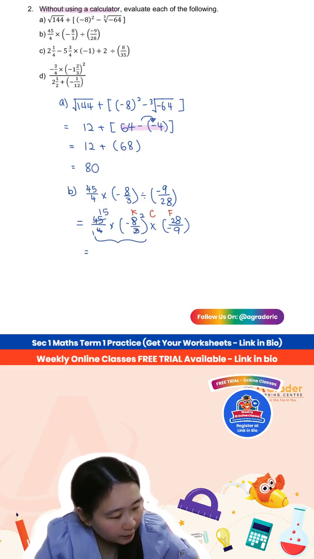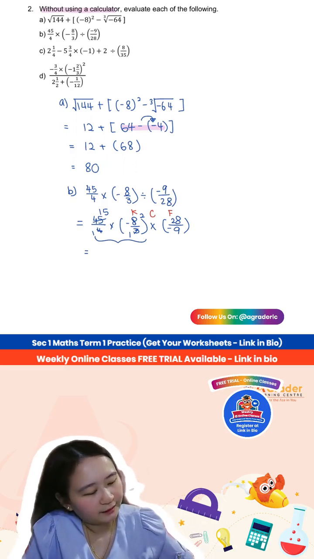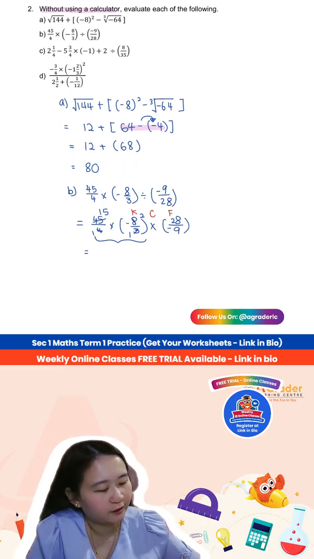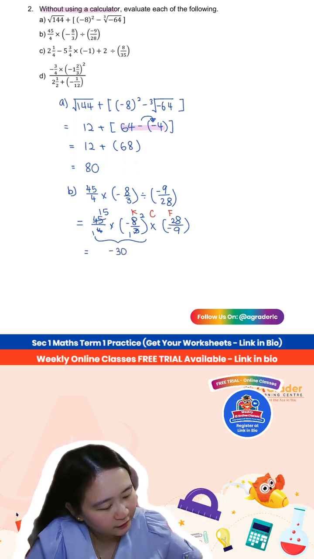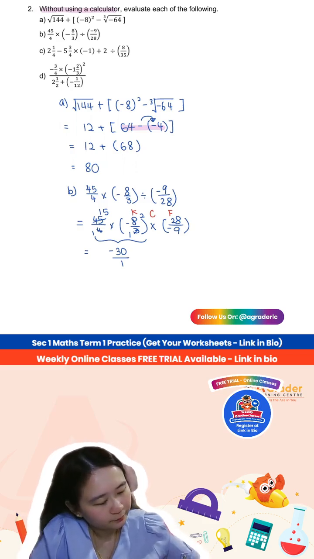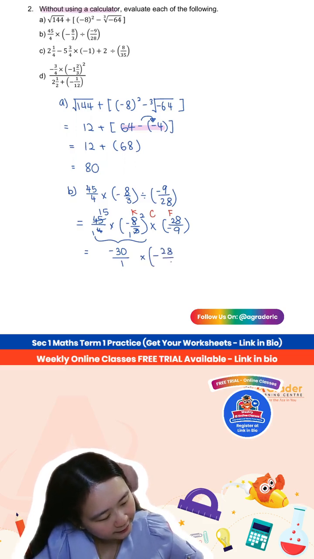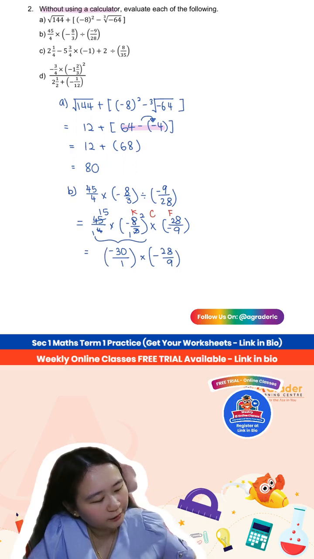Okay, then we have numerator times numerator, so 15 times negative 2 we get negative 30. Denominator is 1 times 1, so it's over 1, times negative 28 over 9. So same thing, we take numerator times numerator.